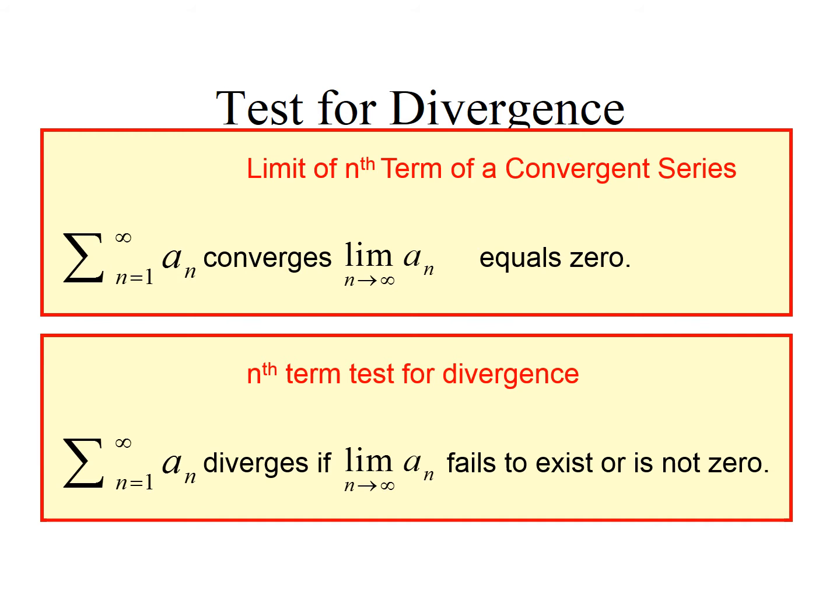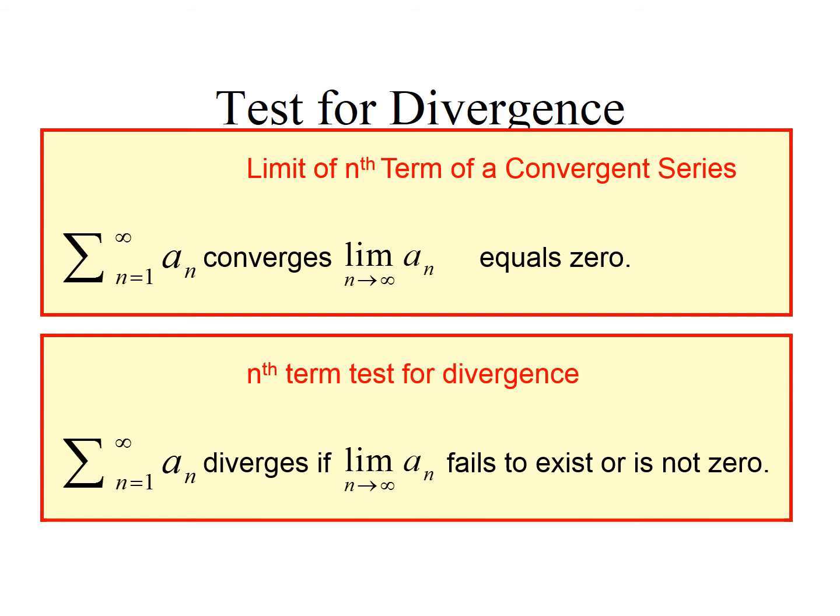But if it does converge, the limit as n approaches infinity has to be 0. Let me say that again. In order for a series to converge, its limit has to equal 0. But just because the limit equals 0 does not make it converge. But if it does converge, its limit will be 0.